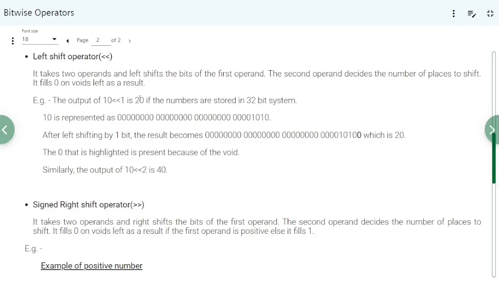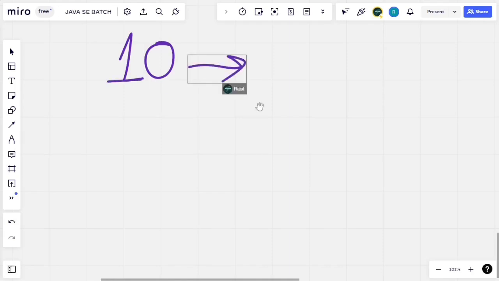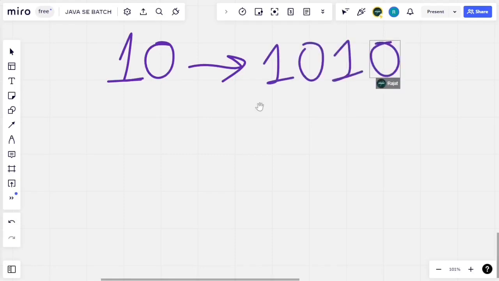Okay, so let me go to my board and I hope this is okay. So our number is 10, and the binary number for 10 is 1010, right? Okay, so the statement is something like this: 10 left shift 1.